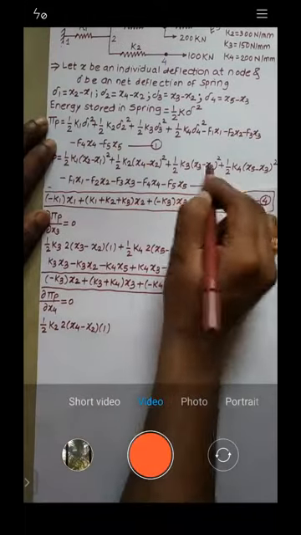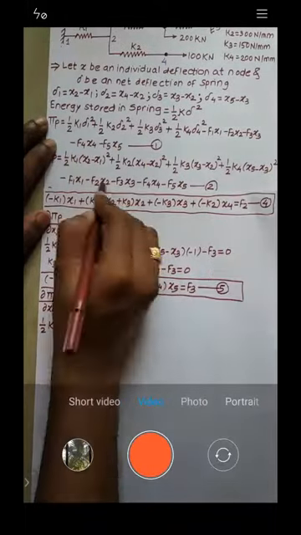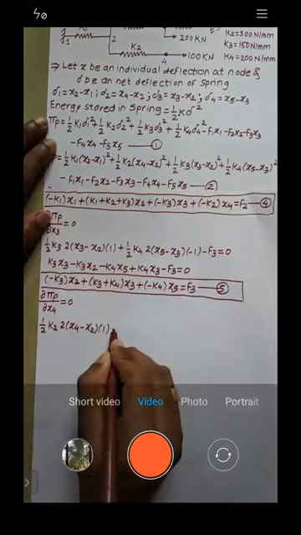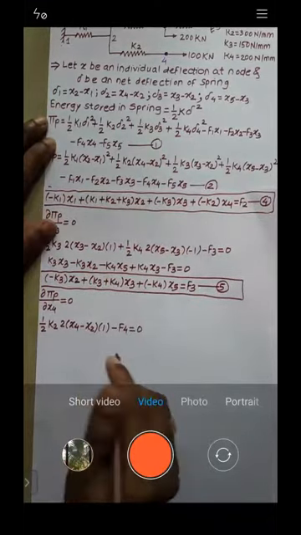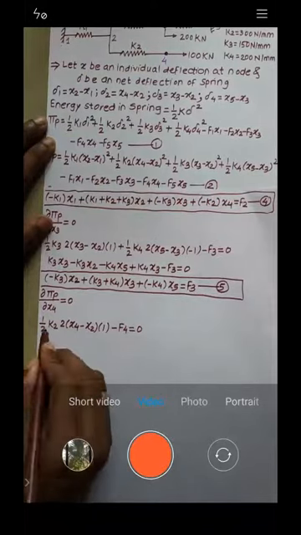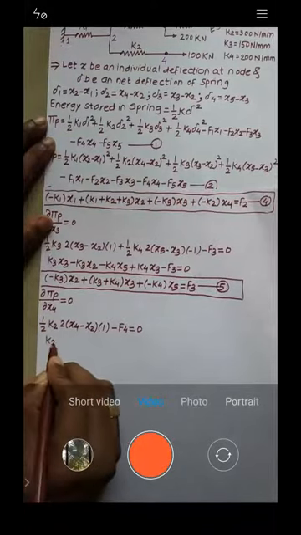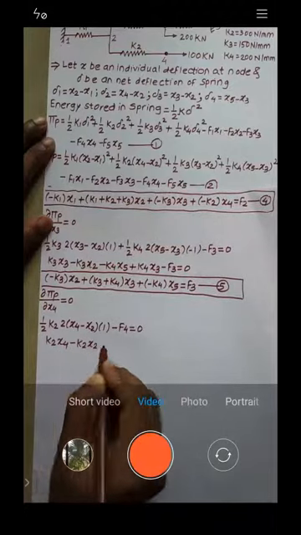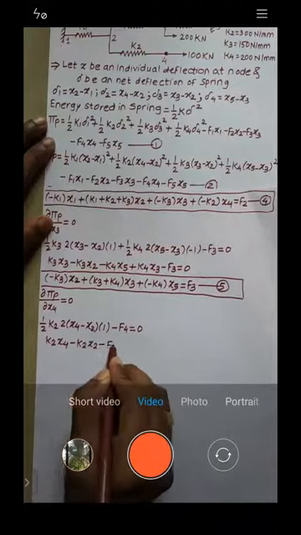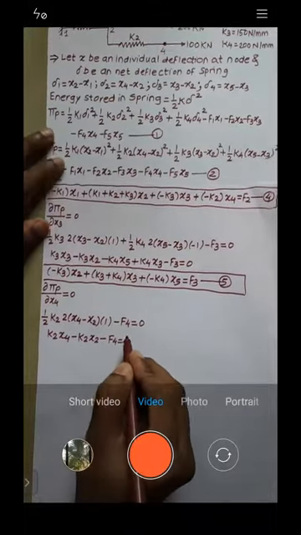Here there is no x4. Here there is no x4. Here you have only this term, right? Minus f4 is equal to 0. I will rewrite as, 2 gets cancelled, k2 into x4 minus k2 into x2 minus f4 is equal to 0. Right?